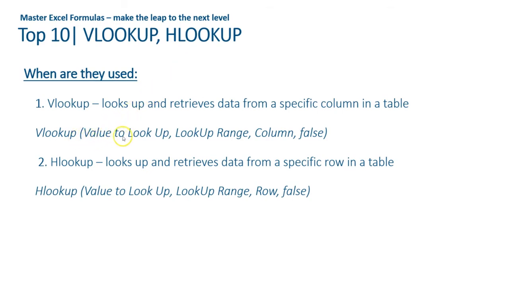First of all, we need to select the value that needs to be looked up, then the range in which that value needs to be looked up, and then which column the formula should retrieve data from, and then I have written here false, but it can be true as well. False ensures that an accurate outcome is provided, whereas if this is true, the outcome can be approximate as well. HLOOKUP is pretty similar, but this formula retrieves data based on rows rather than columns.